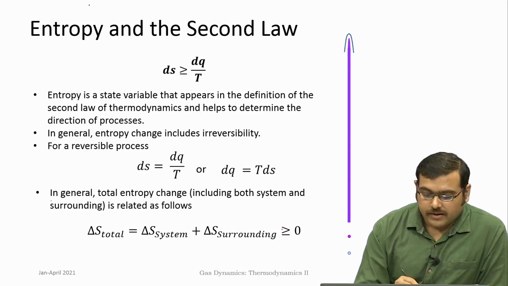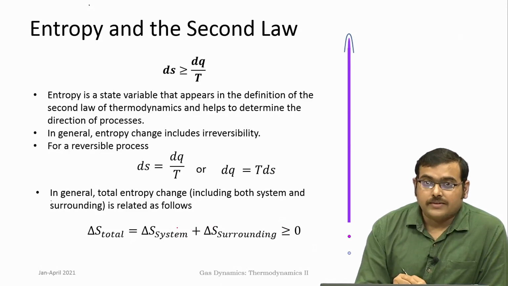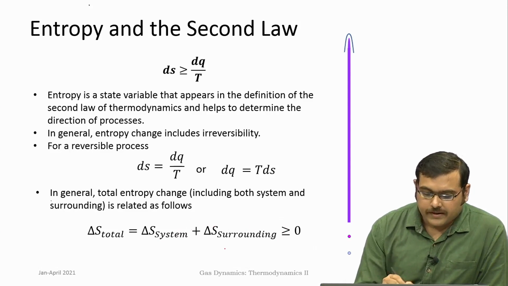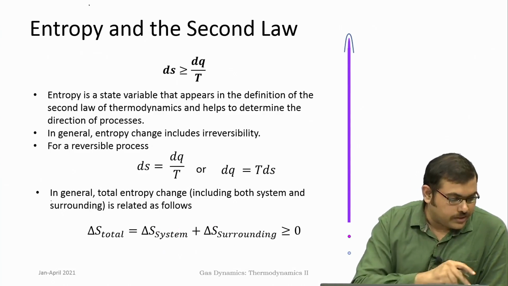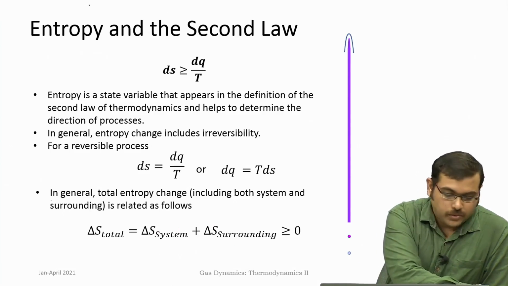But when there are interactions of heat between system and surrounding, one has to be careful in looking at this second law, and not just conclude by looking at the system and saying that it is greater than or equal to 0.